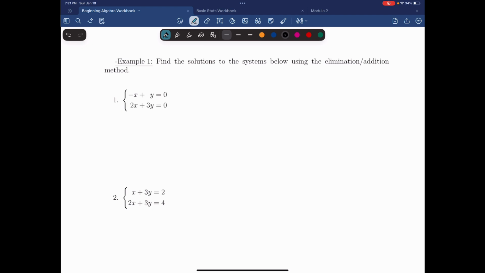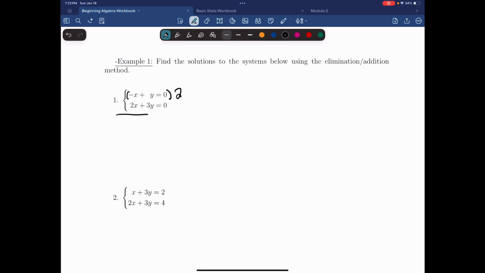Looking at this top equation, since we have a negative x and the bottom equation is a positive x, I'm going to multiply this top equation by 2, because 2 times negative x is negative 2x, so negative 2x plus 2x cancels out. So that's why I'm doing it.